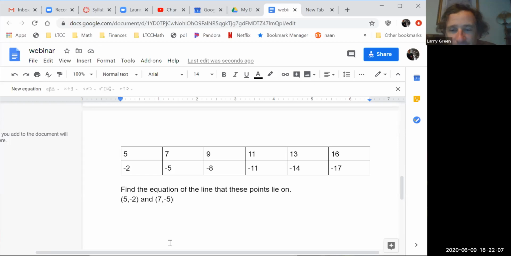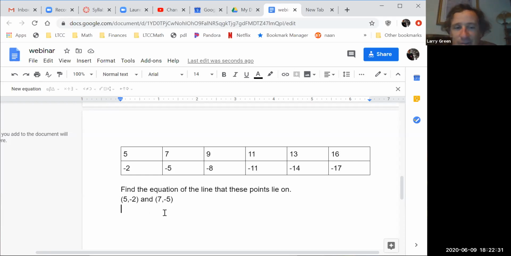So how do we find the slope of the line that goes through these 2 points? Any ideas? Any thoughts?